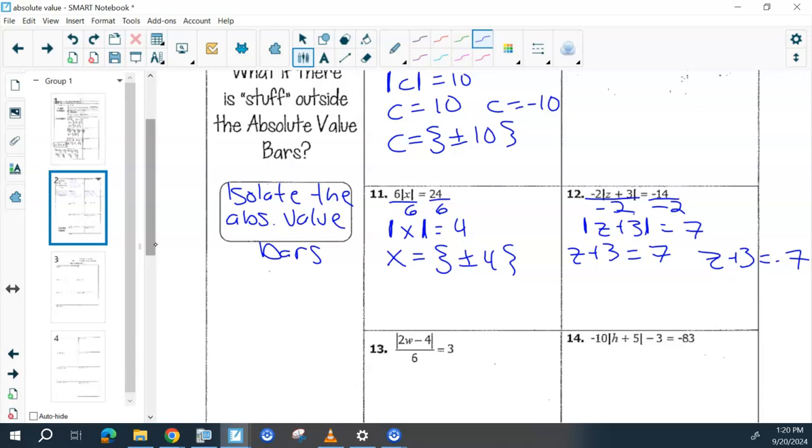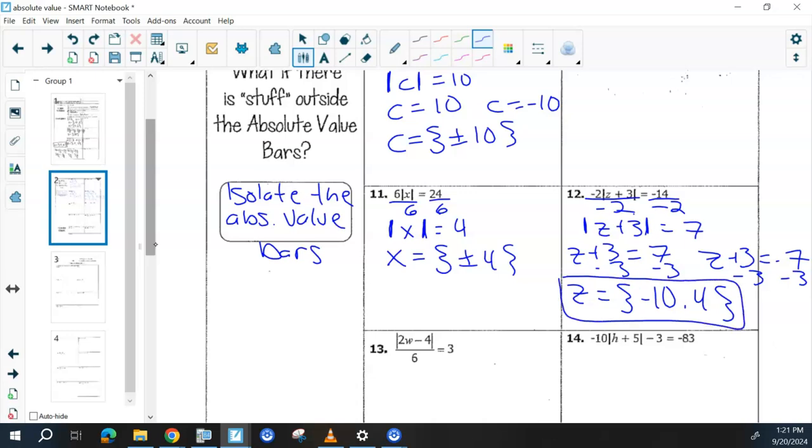And then solve by doing what? It says Z. Subtract 3. What would our two answers be? Negative 10, positive 4. Questions on that one?